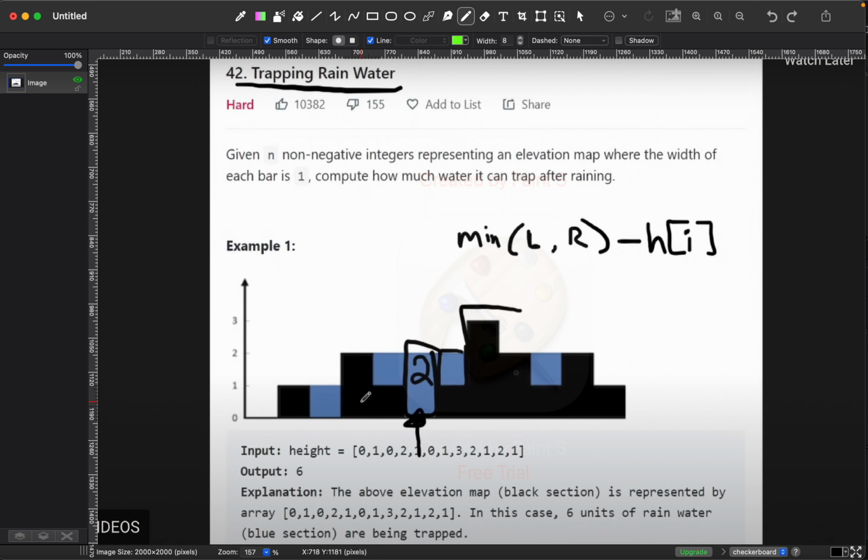I come to here, the minimum of my left side is 1 still. Here will be 2, here will be 1.